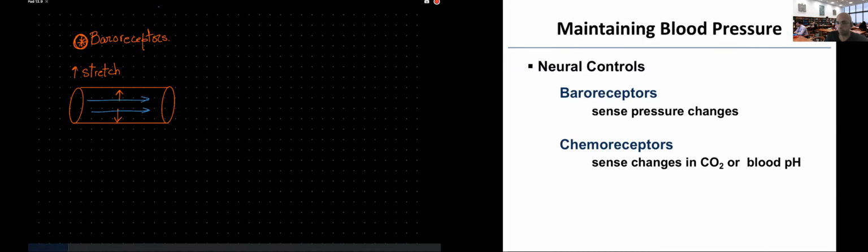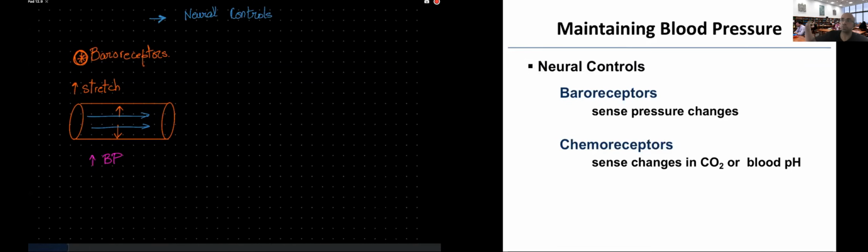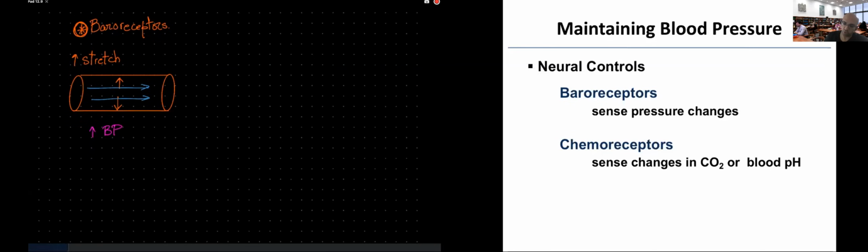So what this tells me is that I have a high blood pressure. And what will I need to do? I'm sending out the signals to my nervous system, and the nervous system through the autonomic nervous system is going to be dealing with it by changing the diameter of the blood vessels.